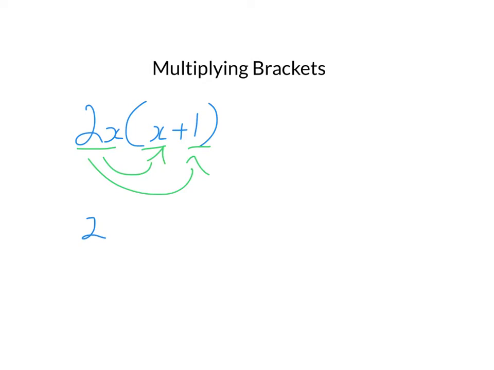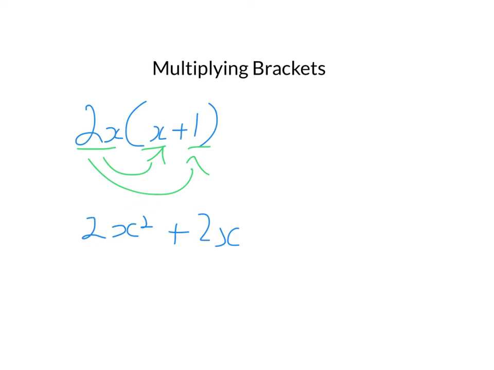And x times x then will give us x squared. Now when we multiply 2x by 1, 2 times 1 is just 2, and then x will stay the same. So this is an example of one where we have multiplied it out and the power of the variable has actually changed as a result.